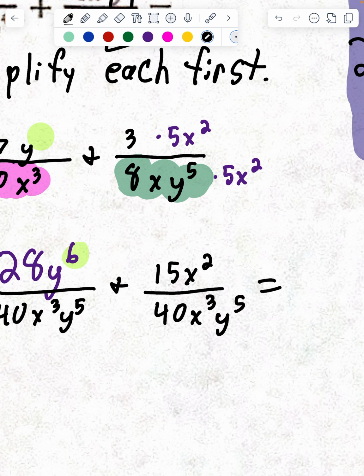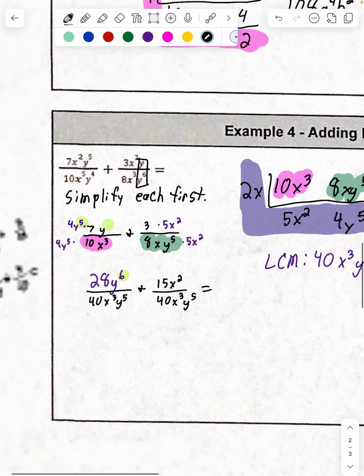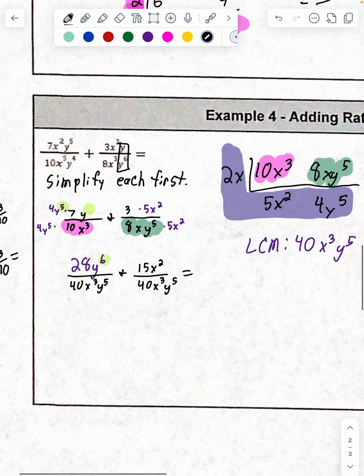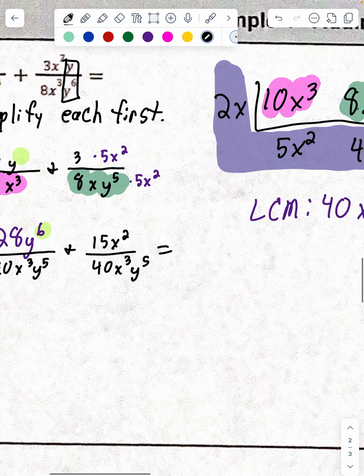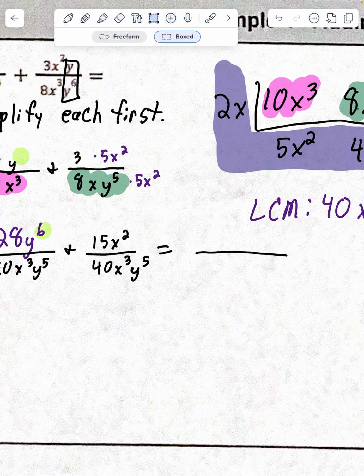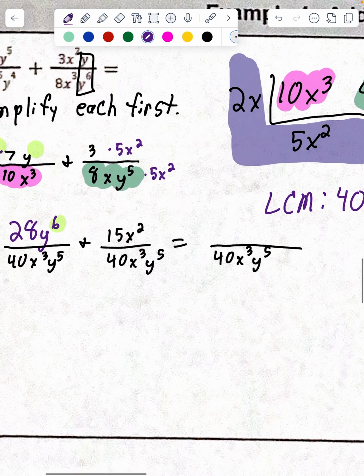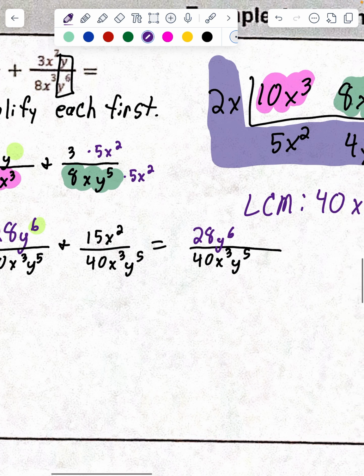And by doing that, I can combine these and we get the super anticlimactic answer of 28y to the 6 plus 15x squared.